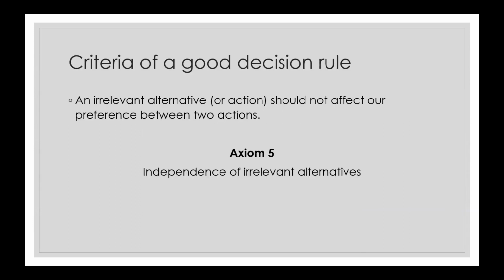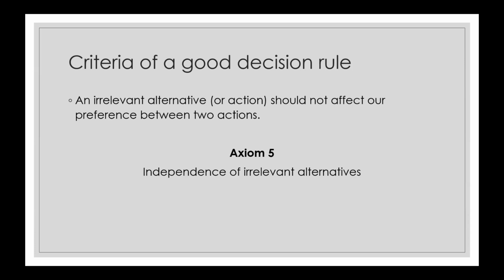And of course, we have action five. Action five is what we call the independence of irrelevant alternatives. So what do we mean by irrelevant alternatives? Usually we want to compare actions pairwise, right?